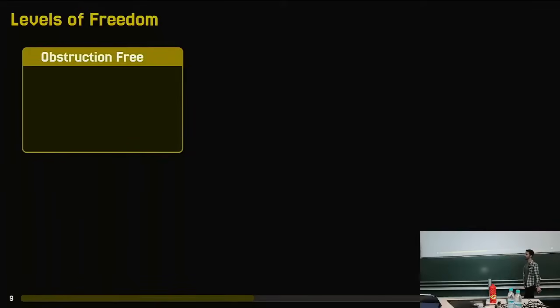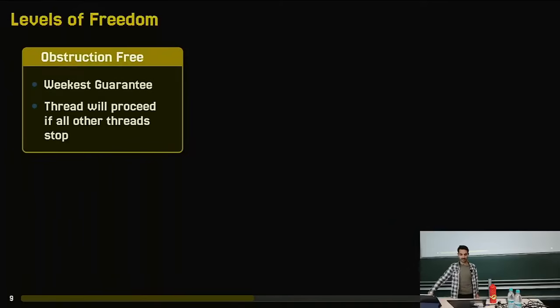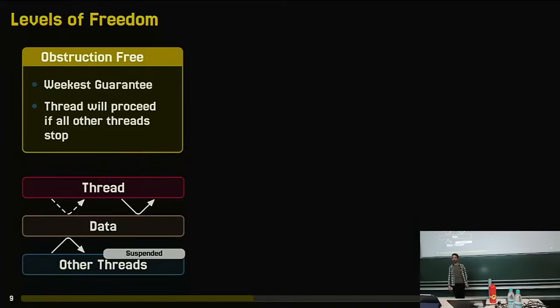They describe what guarantees our concurrent data structure has when we access them. So obstruction freedom is the lowest guarantee. This just guarantees that if there are no other threads, or if all other threads are currently suspended and not scheduled, then our current thread can access the data structure and can proceed with its operation.